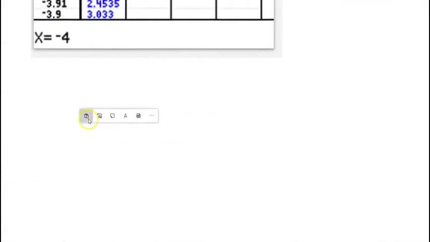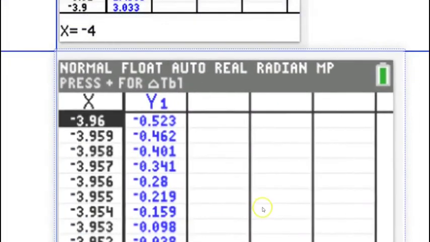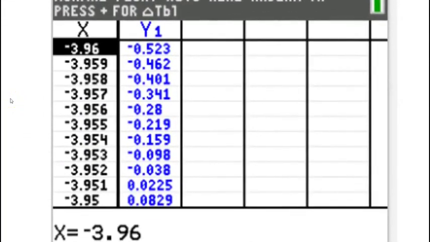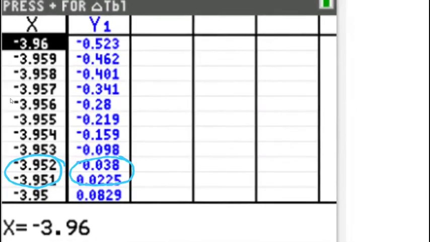Okay, so now we can see that we have a change in signs occurring right here with these X values. And so now we're going to know what to round to.